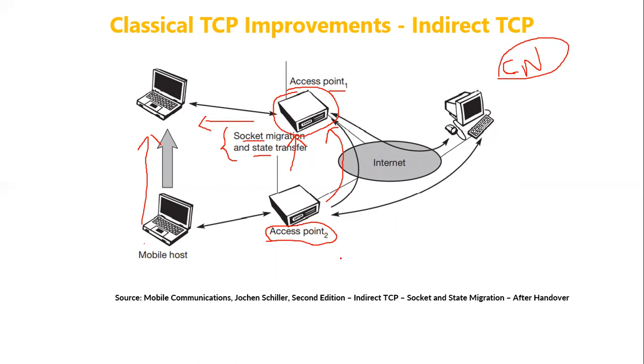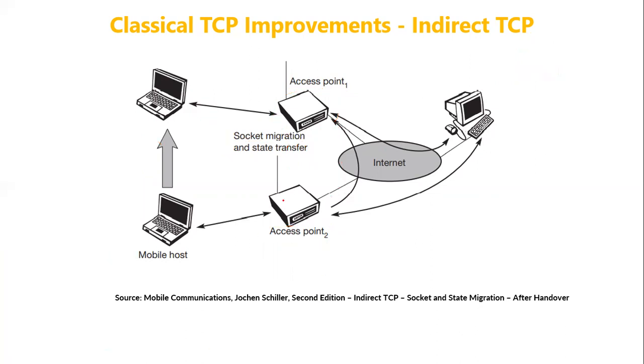If the access point crashed, that is, if the foreign agent crashed, then that packet would be lost, but the correspondent node does not know anything about that. The correspondent node will be assuming that the packet was delivered, which actually defeats the end-to-end semantics of TCP.